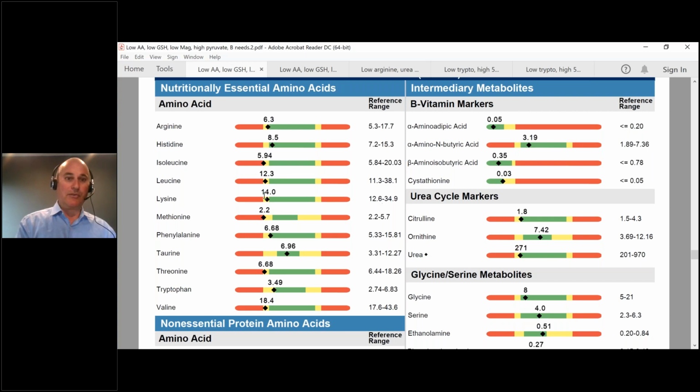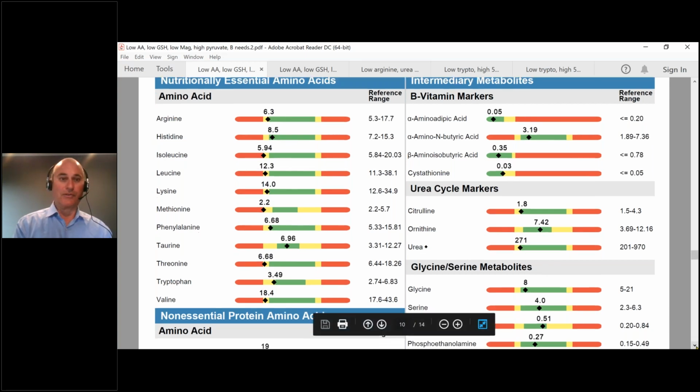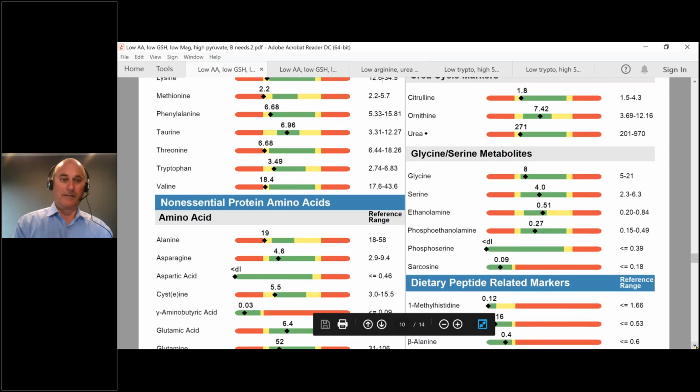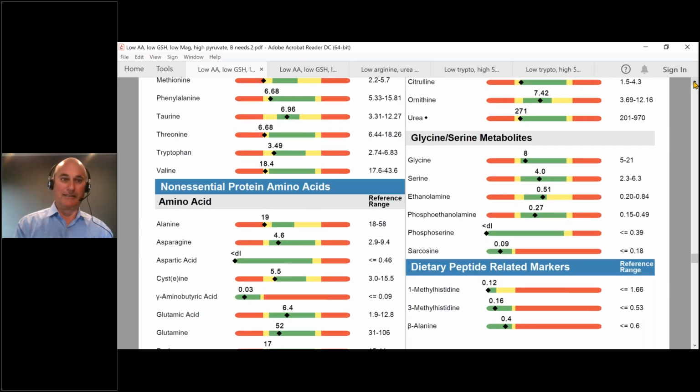So isoleucine, leucine, lysine, methionine, phenylalanine's borderline low, threonine is low, valine, those are all deficient. More amino acids here. Alanine is low, cysteine borderline low, proline a little low. So we're certainly seeing our fair share of low amino acids.